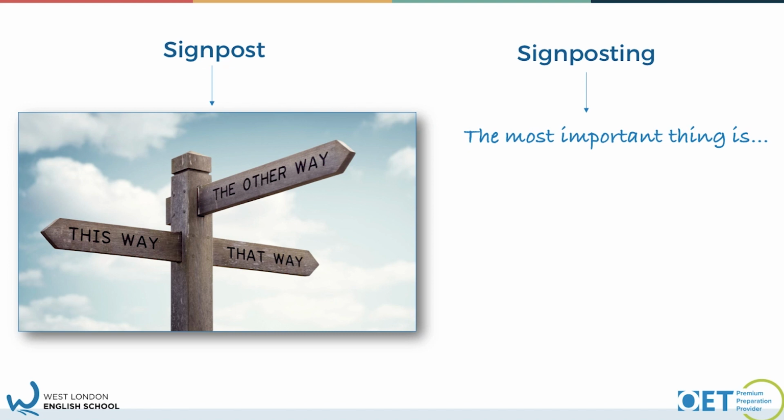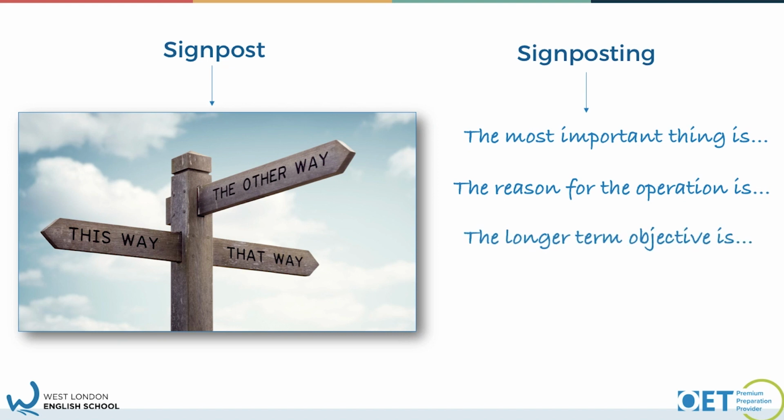Similarly, "the reason for the operation is" means I'm about to tell you why we're having the operation. Another example, "the longer term objective is" means I'm about to tell you what our long-term goals are. So with signposting, we're often telling the listener or the reader what's coming next. And this can be a useful skill to use in both reading and listening part C.